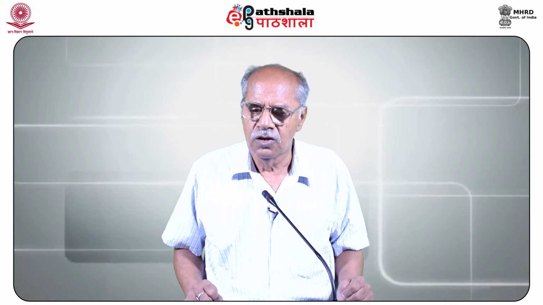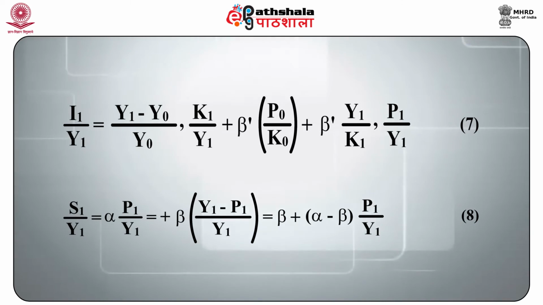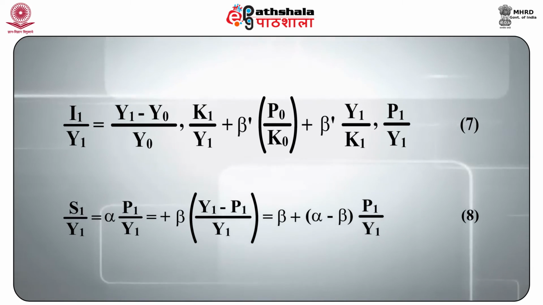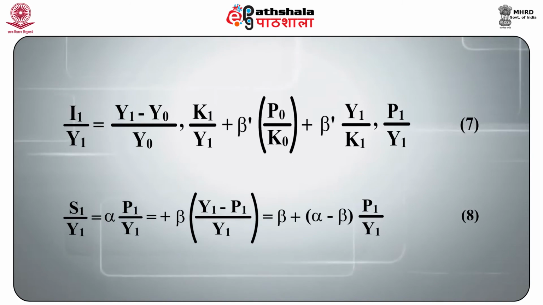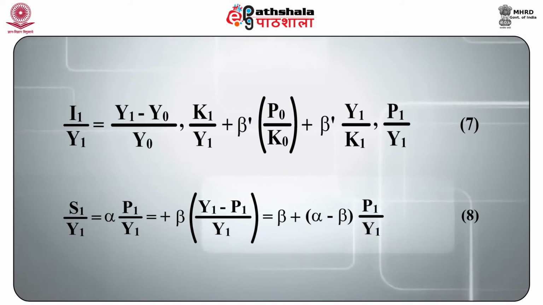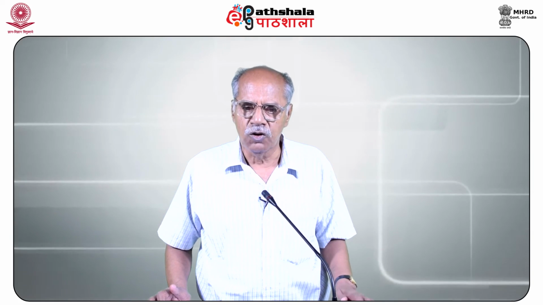Equation 1, the saving function, can be written as equation 8 by dividing both sides by the income of the current period. The two equations 7 and 8 jointly determine both the distribution of income between profit and wages and the proportion of income saved and invested at point t equal to 1, or during the period.